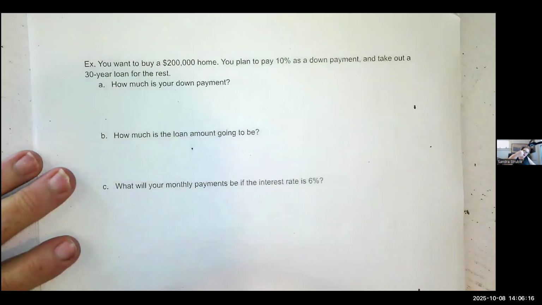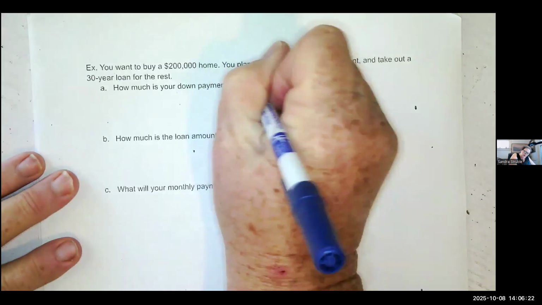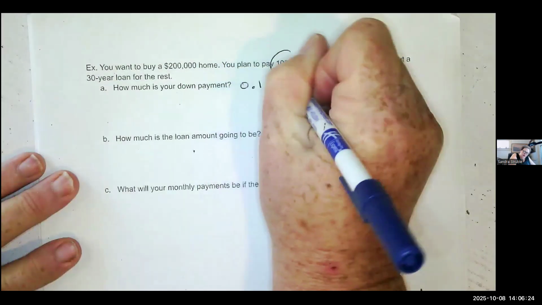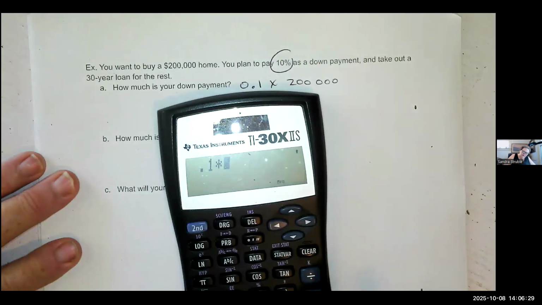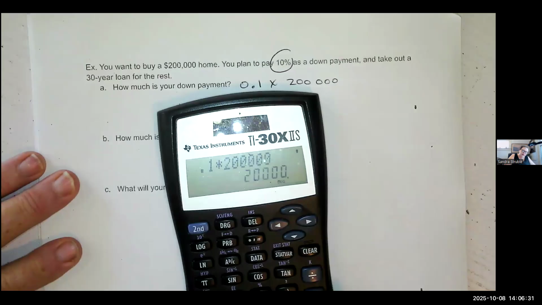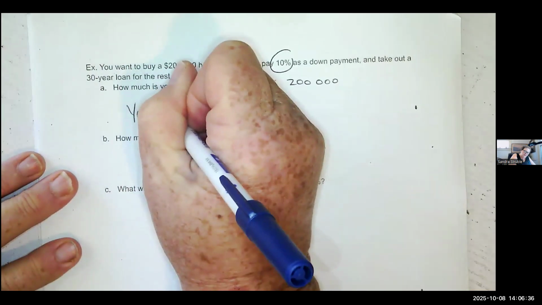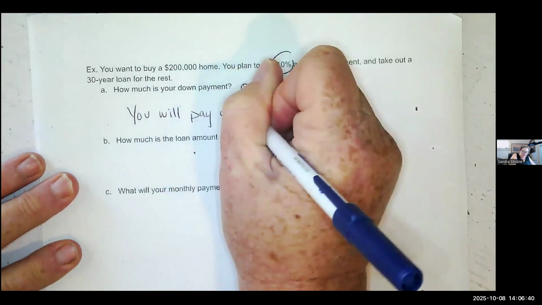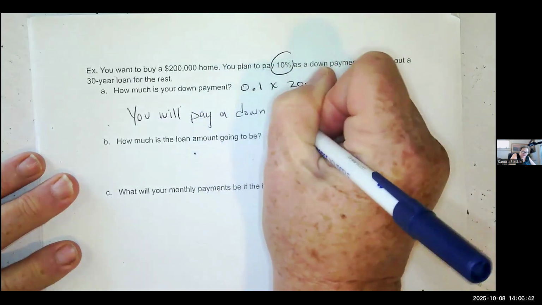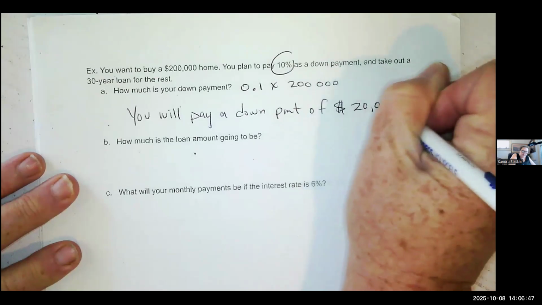So you want to buy a $200,000 home. You plan to pay 10% down as your down payment. So 10%, 0.1 times 200,000 is $20,000. So you will pay a down payment of $20,000.